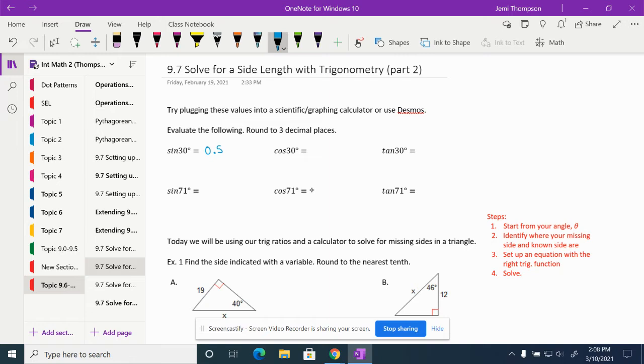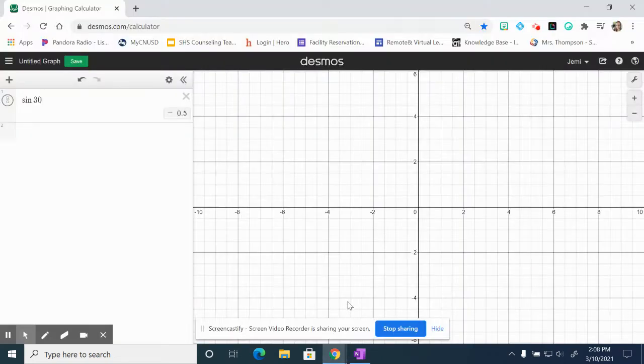Okay, so for the cosine of 30, go back to Desmos again. Now the cosine of 30. I could do a couple of things. I could delete that, I could type over it, or I could just start a new one. Cos 30, and that gives me an irrational number, 0.8662025403784, and it'll keep going on forever.